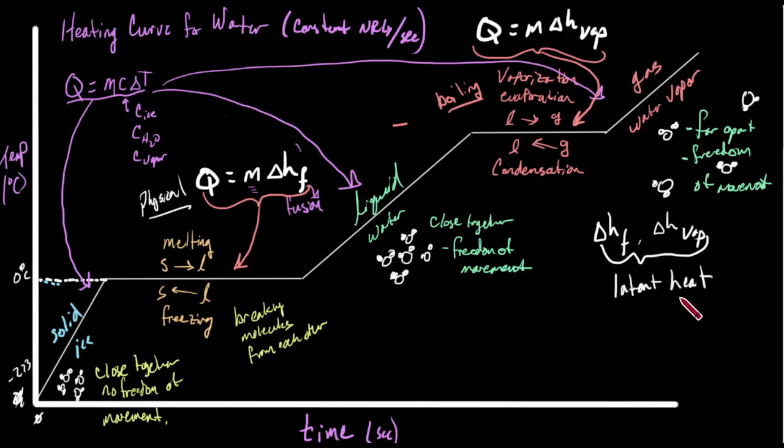It's called latent heat, and it's the heat that is required to go into your substance in order to get it to change from one phase to another. Latent, L-A-T-E-N-T, heat.